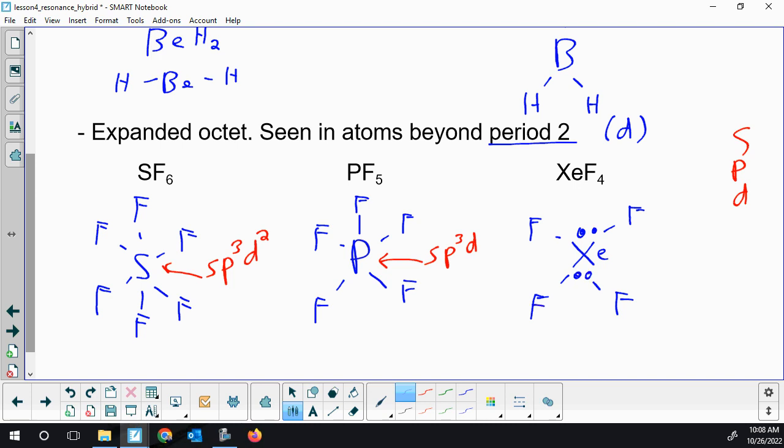So xenon tetrafluoride has 2 lone pairs and 4 bonds on the fluorine. Okay, again, I'm not going to ask you to draw this. Next year you will. Okay.